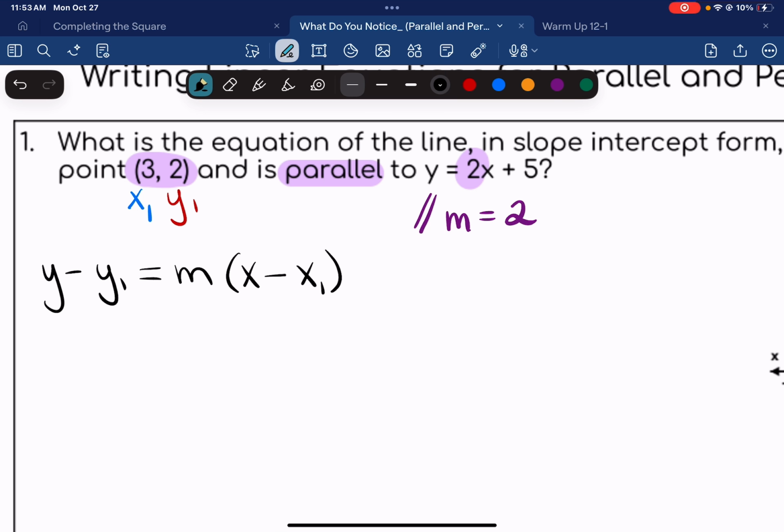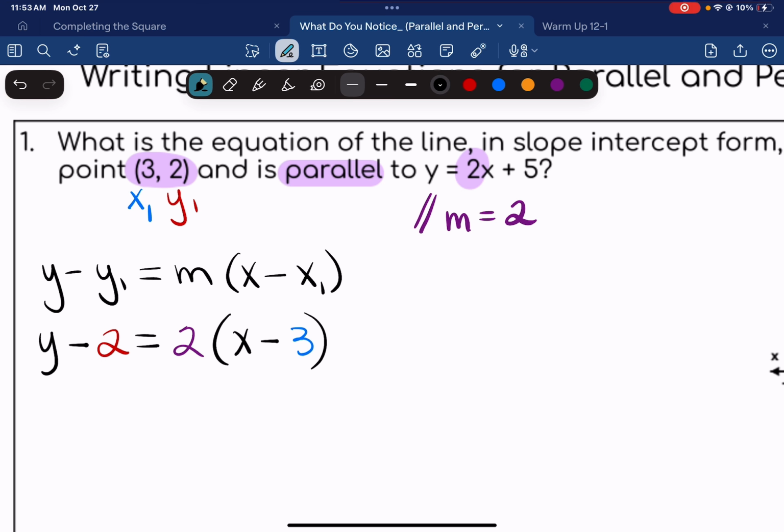All right? So let's substitute in our values. We have y minus, our y1 value is 2, so we'll sub in our 2, and that should equal our slope, which is 2, times x minus our x1 value, which is the number 3.